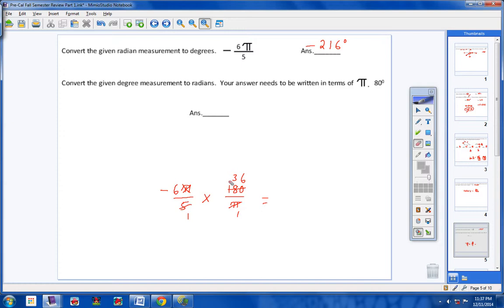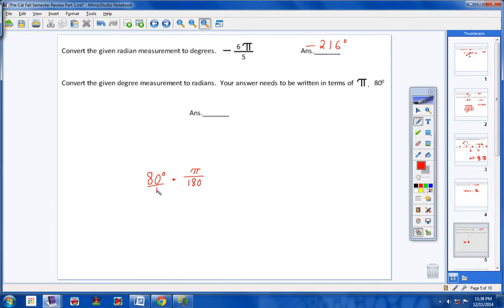Okay, moving on. Now, convert the given degree measurement to radians. Your answer needs to be written in terms of pi. Okay, no problem. That means your final answer must have pi written in it. So 80 degrees. Well, listen, students, anytime you're taking degrees and converting it over to radians, you multiply it by not 180 over pi, but pi over 180, okay?